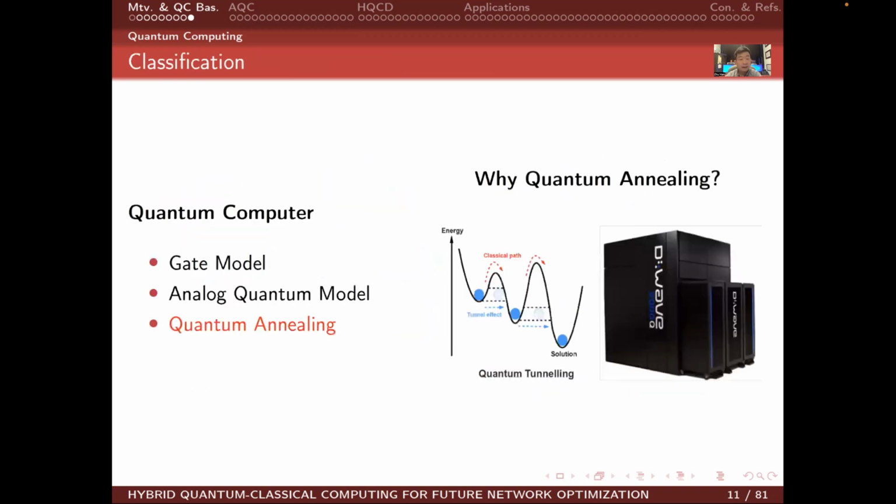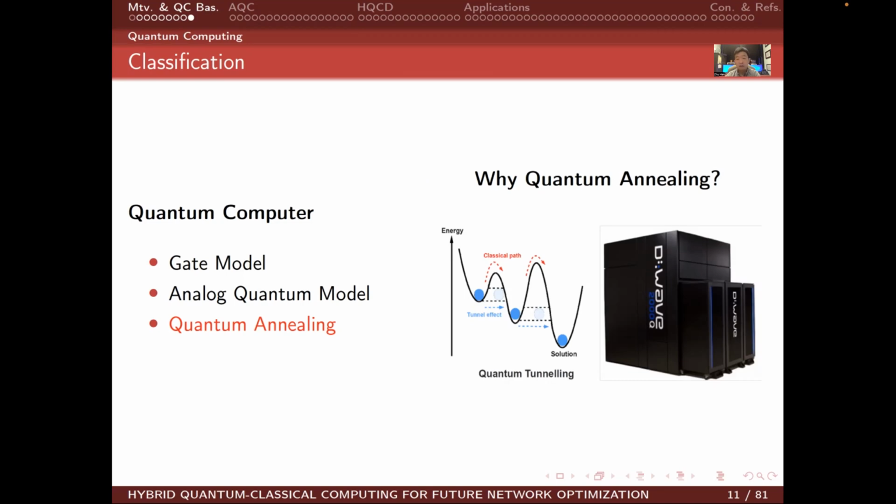Specifically, we want to have the quantum annealing. In this kind of optimization problem, we will have many local optima, if your optimization problem is non-convex, and an integer program makes things even worse.